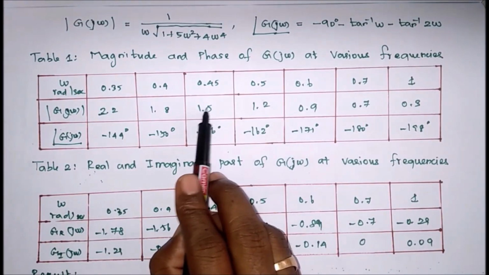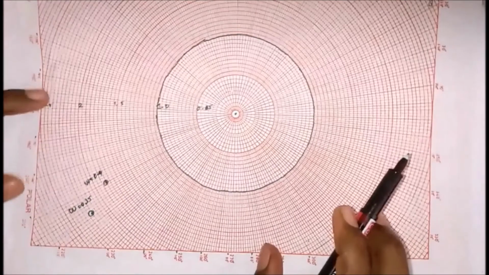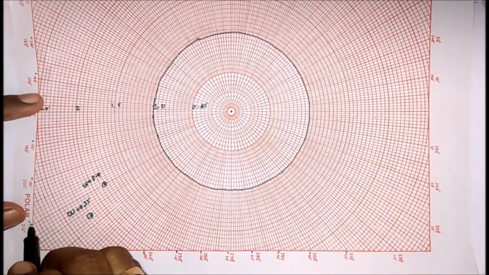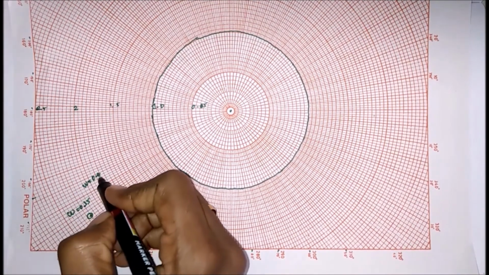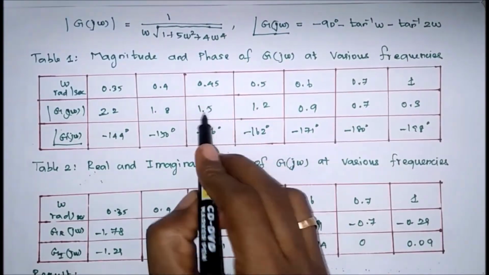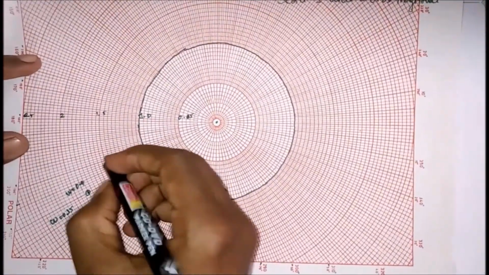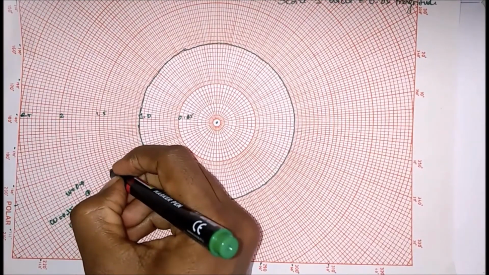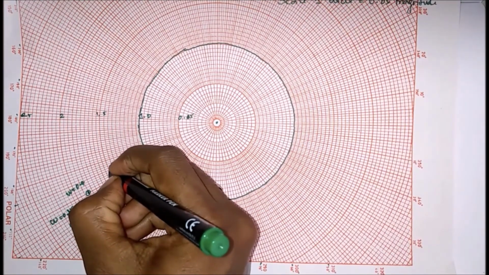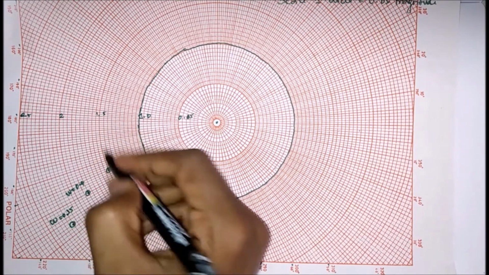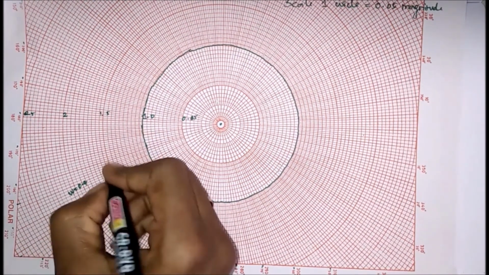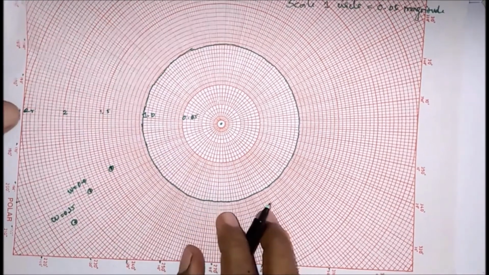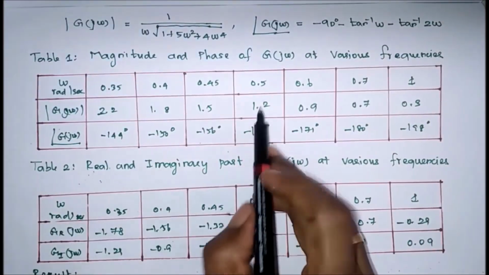At that time magnitude is 1.5, angle equal to minus 156. So this is minus 150, this is minus 156, and the magnitude 1.5 is this circle. Therefore it is at this point.